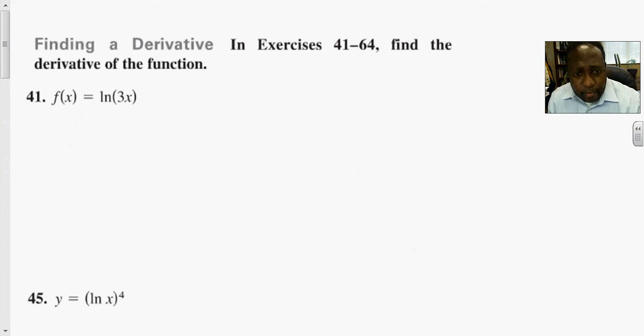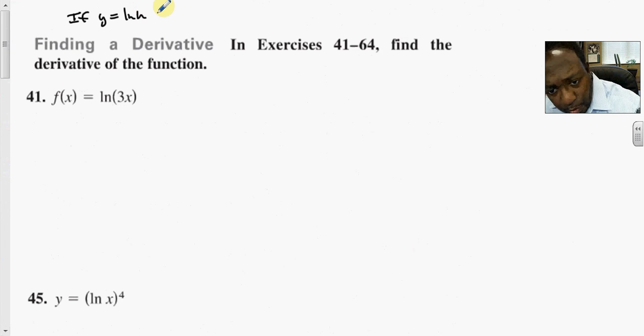Let's take the derivative. We're using basically here, if y is equal to the natural log of u, this implies that y prime is equal to 1 over u times u prime.